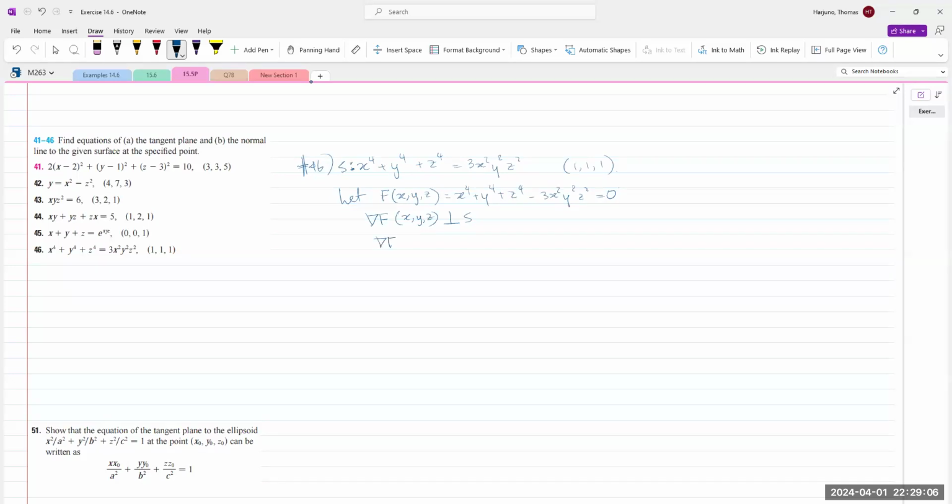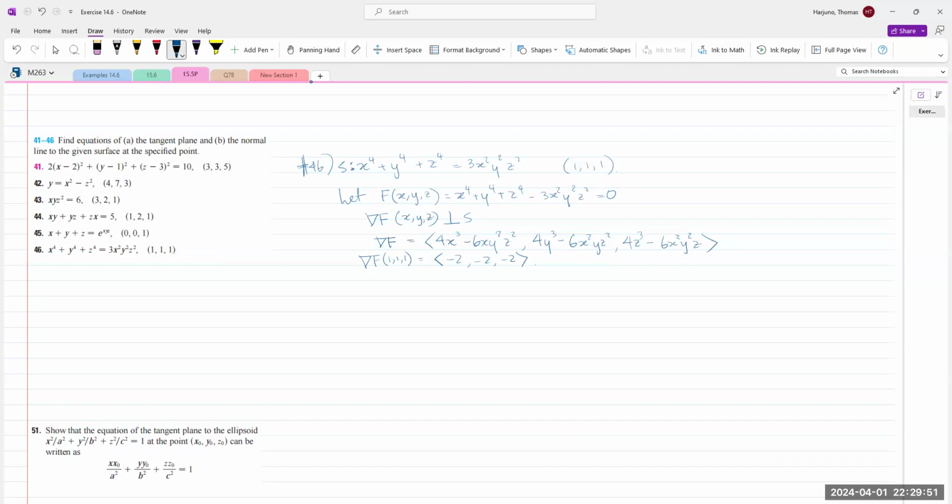Okay, the gradient of that f therefore is equal to (4x cubed minus 6xy squared z squared, 4y cubed minus 6x squared yz squared, 4z cubed minus 6x squared y squared z). Now at 1, 1, 1, we basically add the coefficients.